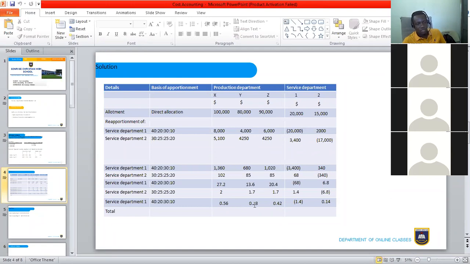When we move on to the next one, we are getting 0.26. The next one, 0.42. And then the last one, 0.14. And 0 is what? Insignificant. So automatically you are done, because once it is 0, it is insignificant. So you can confidently say that you are done with the solution for illustration 1.